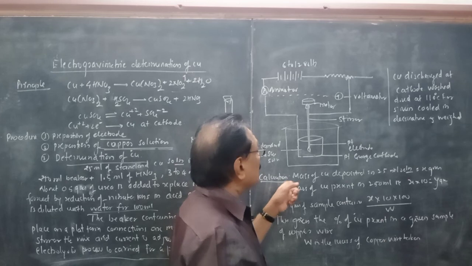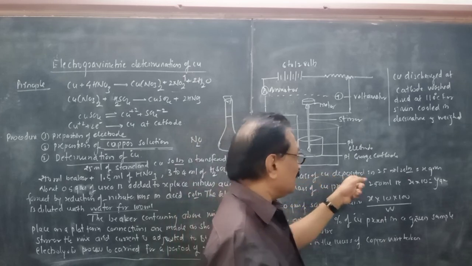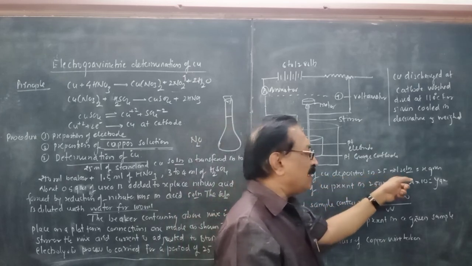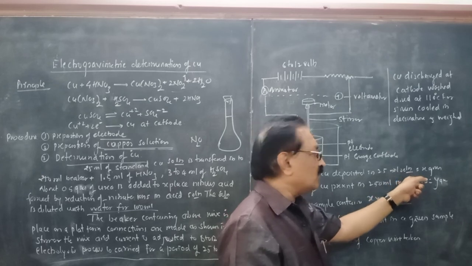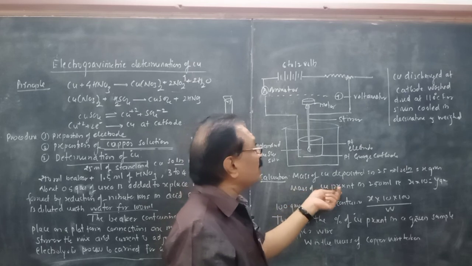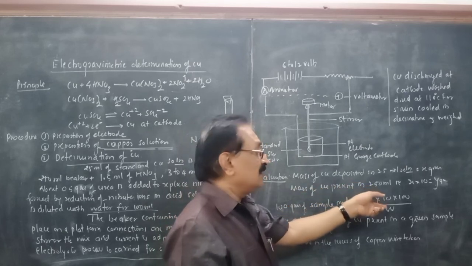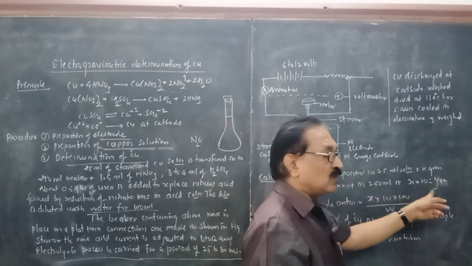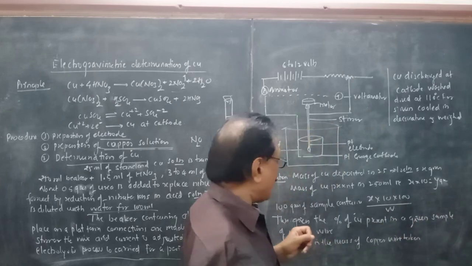In the calculation, the mass of the copper deposited from the 25 ml of the solution on the cathode is taken as x grams. Then the mass of the copper present in 250 ml of the solution is x into 10, equal to y grams.